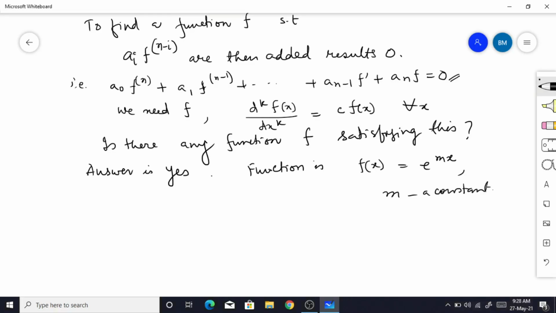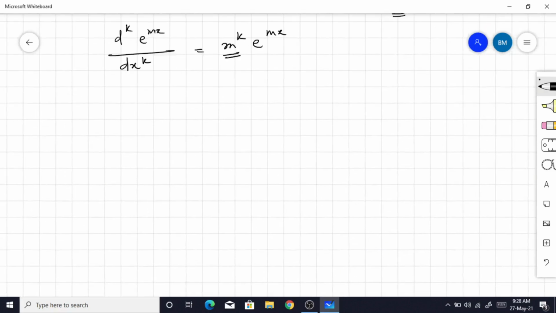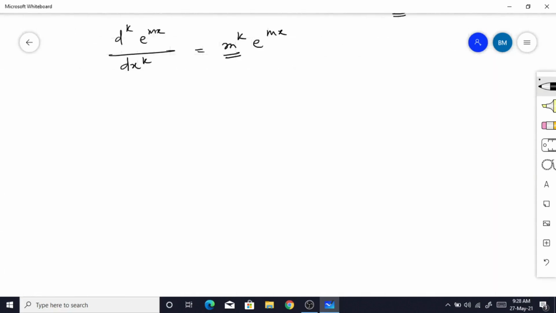If I find the kth order derivative of e^(mx) with respect to x, it is definitely m^k e^(mx). And as m is a constant, m to the power k is also a constant, because k here is the order of differentiation. So we have a function which satisfies our requirement.